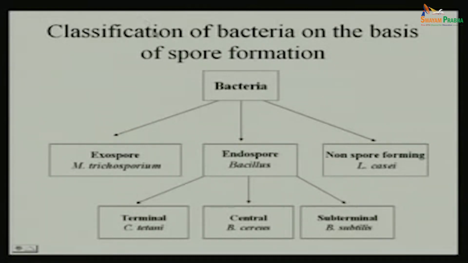Now, when we classify bacteria based on spore formation, we can further divide them into exospore, endospore and non-sporulating bacteria. When we are talking about the endospore, based on its position, once again we can divide it into terminal, central or subterminal.